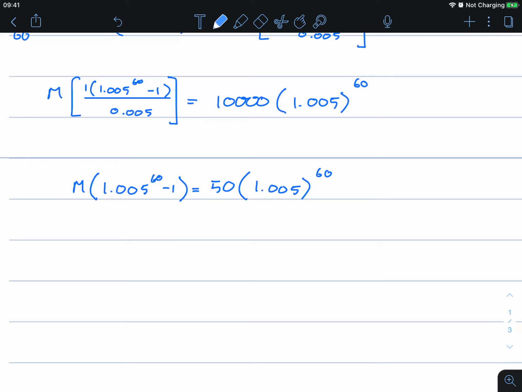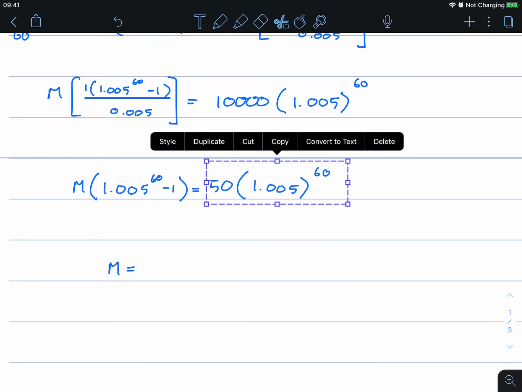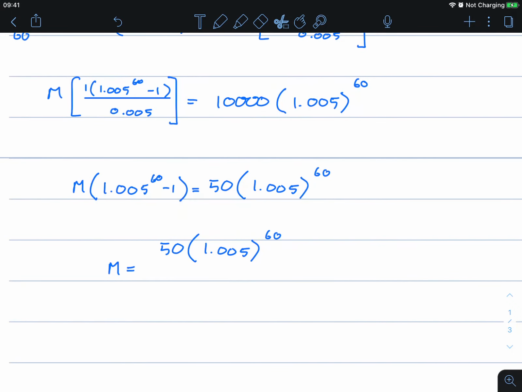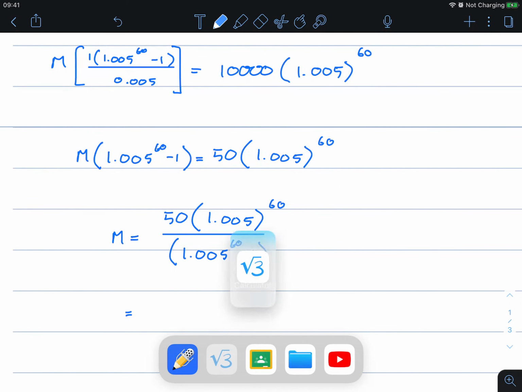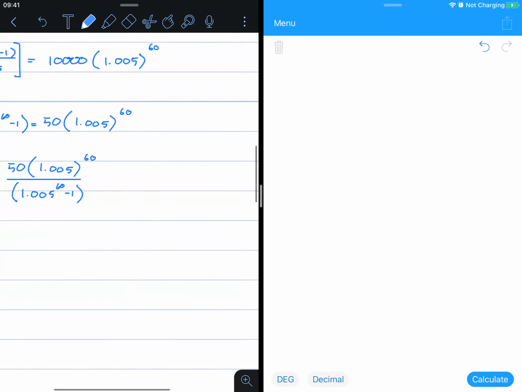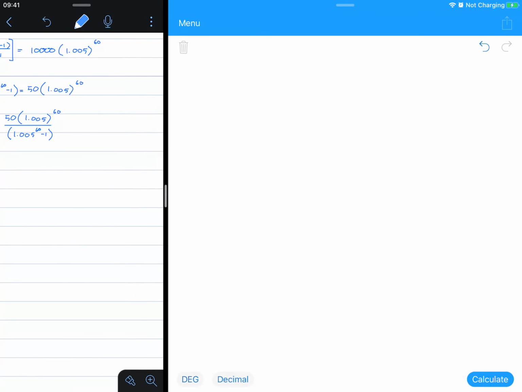We solve for m. So m is equal to this expression divided by this expression here. Plugging all of that into a calculator, we will get the following.